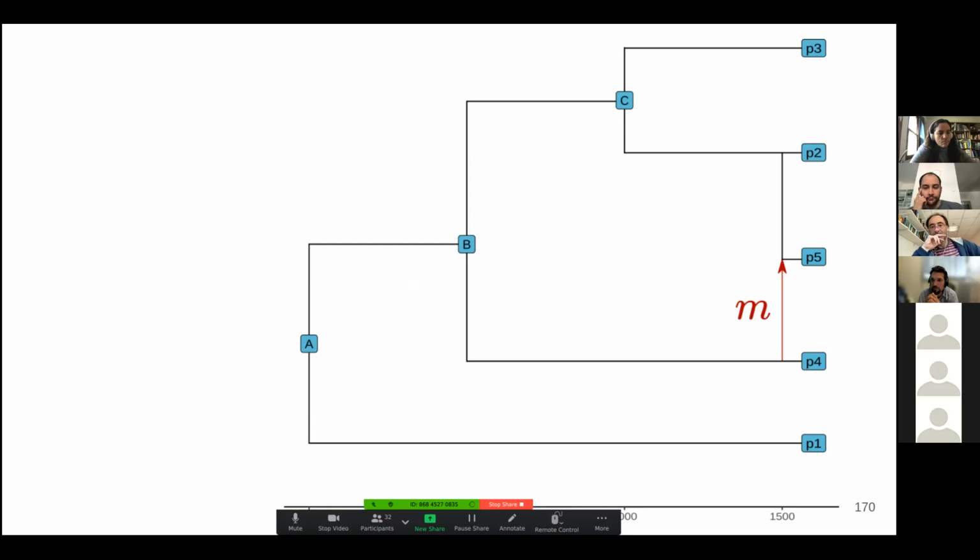And it would seem as if the most recent common ancestor between P5 and P4 would be a node that is not B. So that could affect the estimation. I think that is one of the main reasons. I was thinking about another one, but I forgot. Maybe I can tell you later.